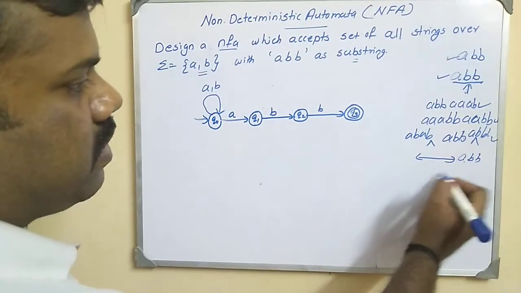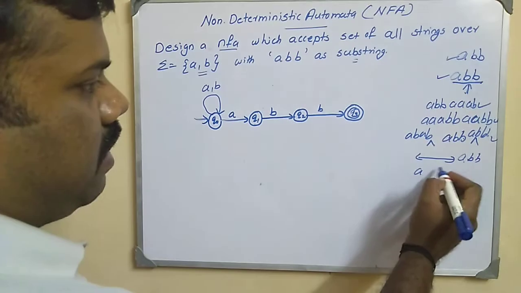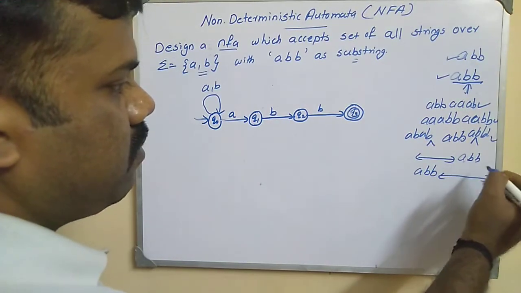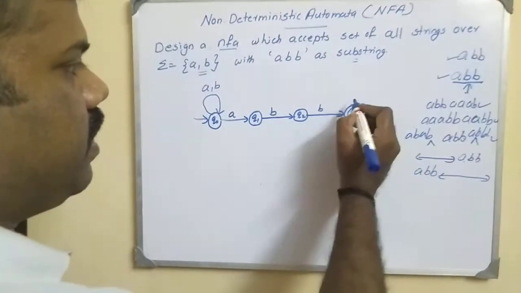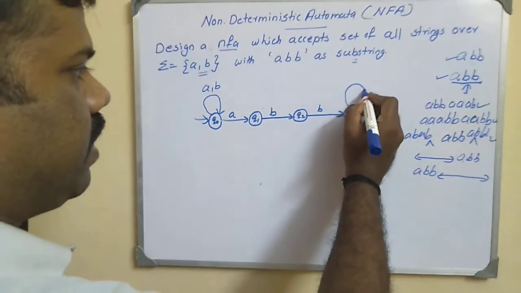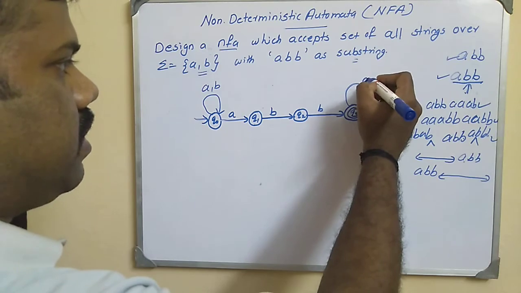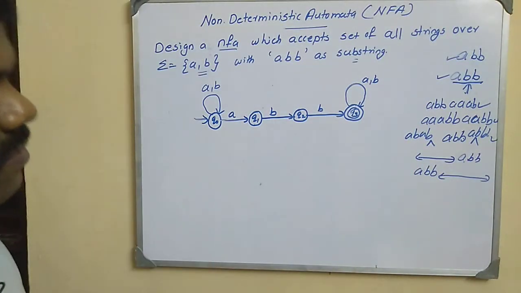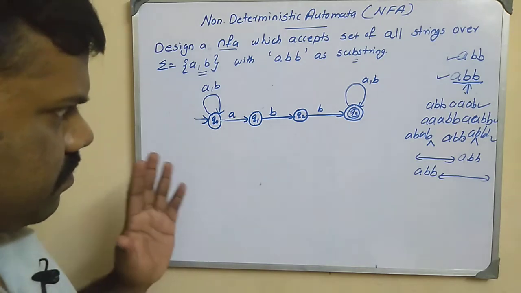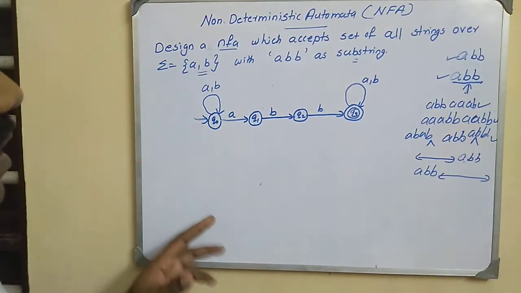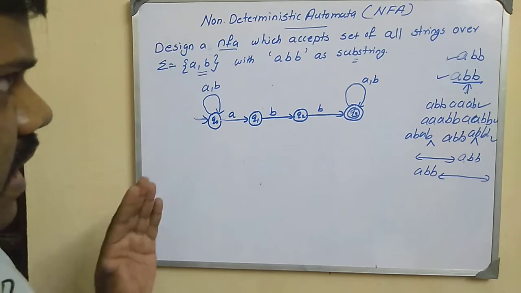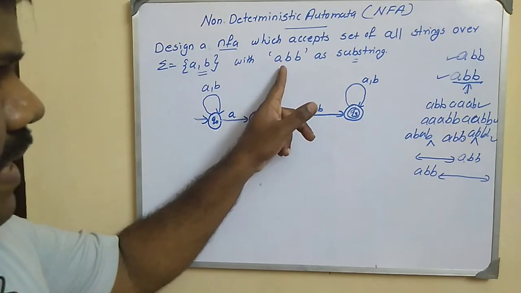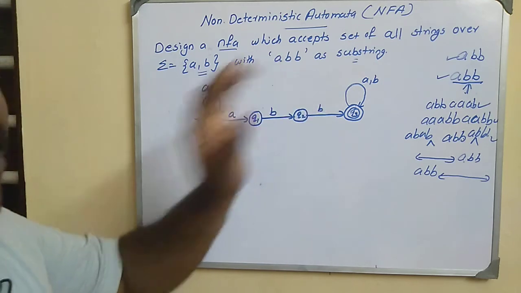Now the second possibility: after ABB there can be many A's and B's, which can be explained with the transition A, B on Q3. So our NFA will accept every string consisting of the pattern or substring ABB.